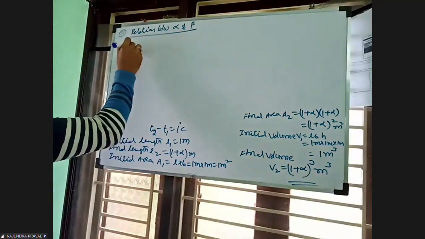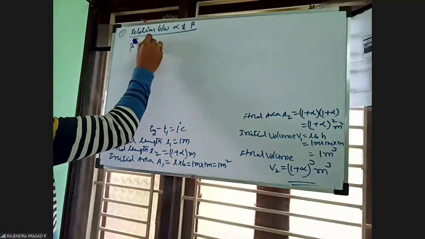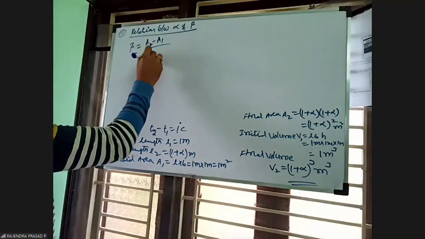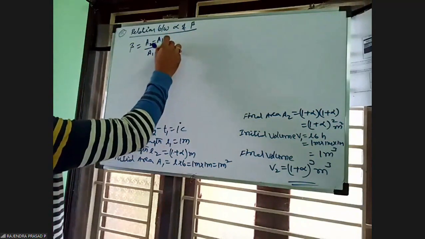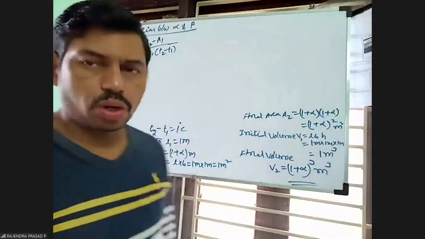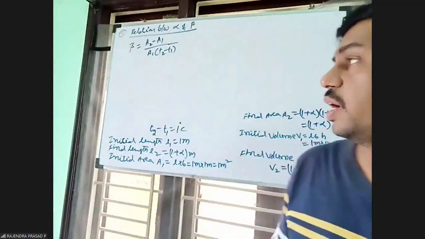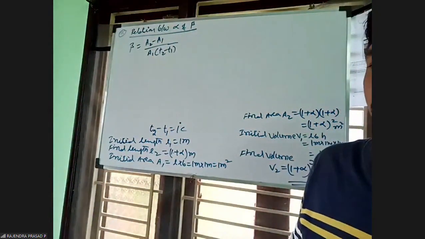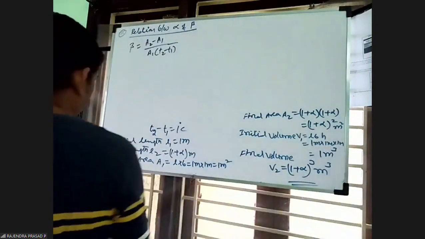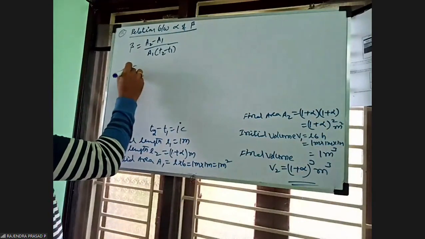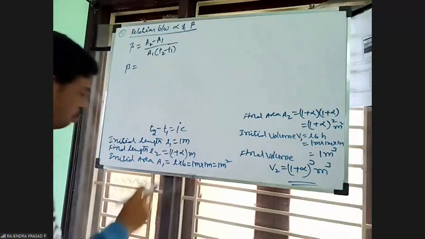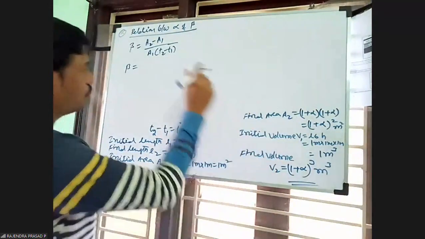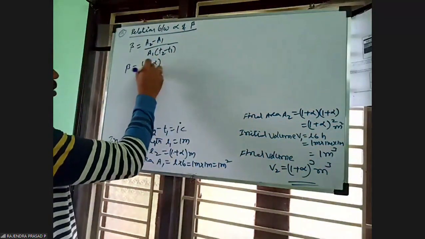So first one, beta is equal to A2 minus A1 by A1 into T2 minus T1. You know that the coefficient of areal expansion beta equals A2 minus A1 by A1 into T2 minus T1. So what is A2? (1 plus alpha) whole square.